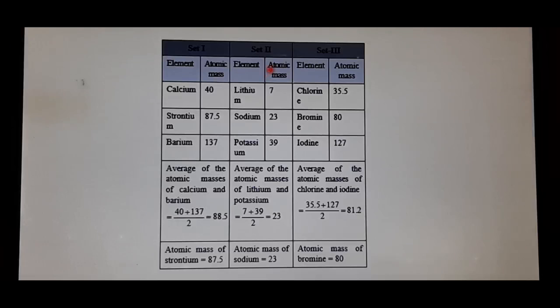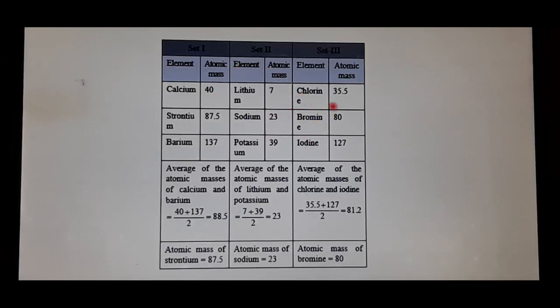Let's see the second triad, lithium. 7 is the atomic mass and potassium 39 is the atomic mass. So let's take the average, 7 plus 39 by 2. We got 23, and you can see the mass of sodium is 23. Same way chlorine, bromine and iodine.